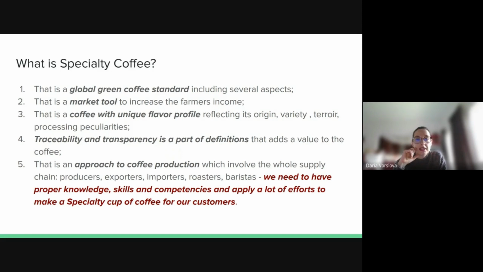Second, it's a market tool to increase the farmer's income, which is super important.